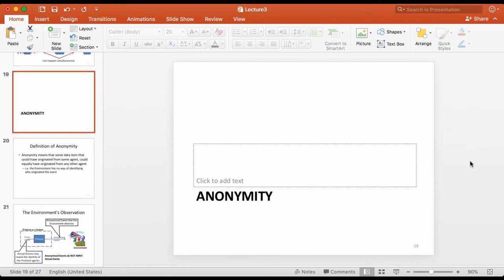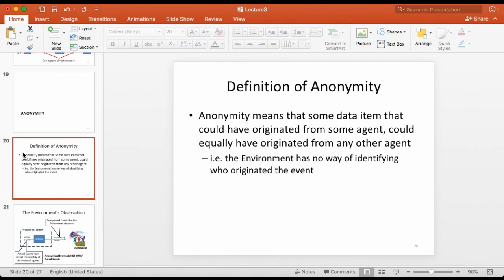Now we move to the second class in this lecture, and that is quite a relevant class to non-repudiation. It's called anonymity. Okay, so anonymity really is almost the opposite of non-repudiation, because in this case what you're trying to do is participate in a protocol and come out of it completely anonymous, or such that certain events were anonymous in the protocol.